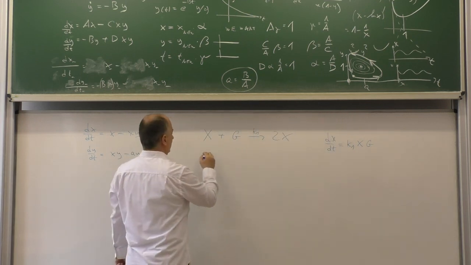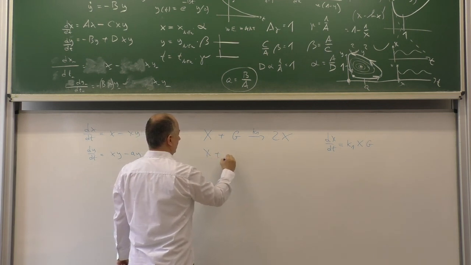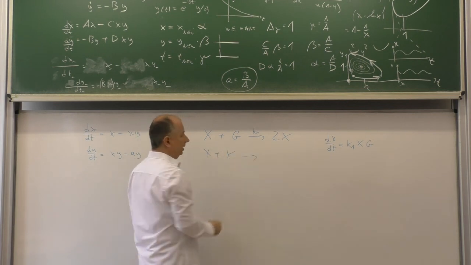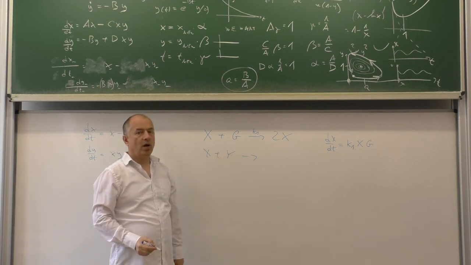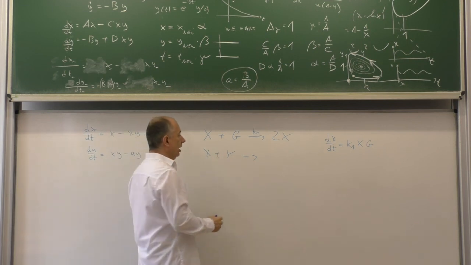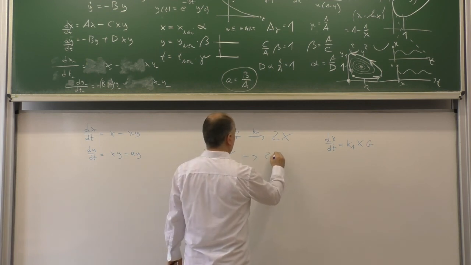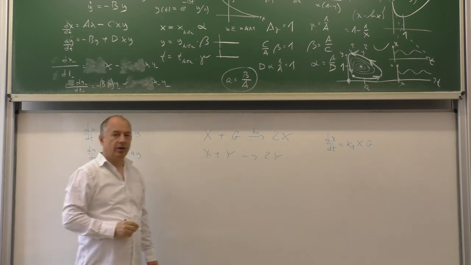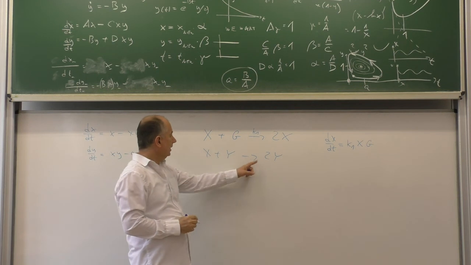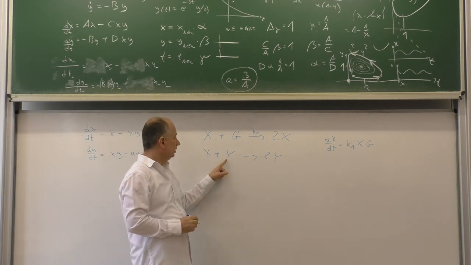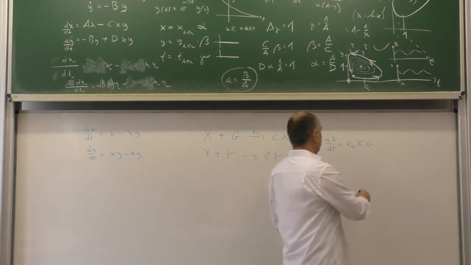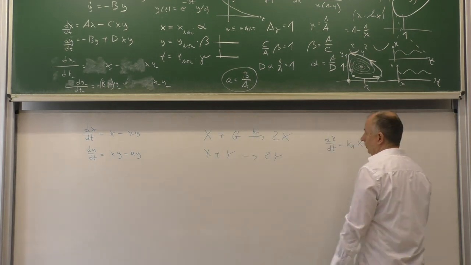The other process is that when big fish eats small fish, in the chemical language, if molecule X and molecule Y react and two molecules of Y are generated, then this will decrease the concentration of X. Decrease corresponds to minus.